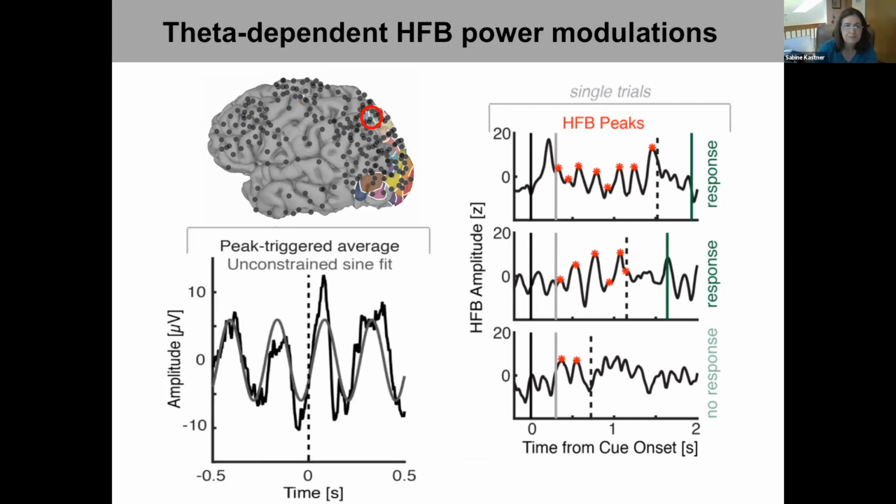And what we see then is this. So we did this on the raw field potential. This is the black line here, and then we fit a sinusoid.